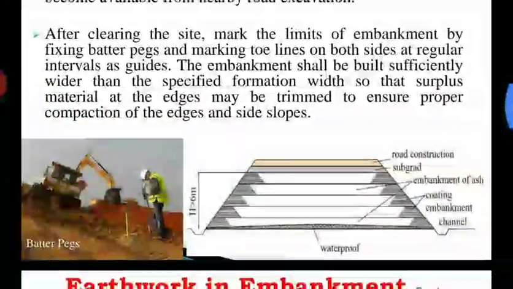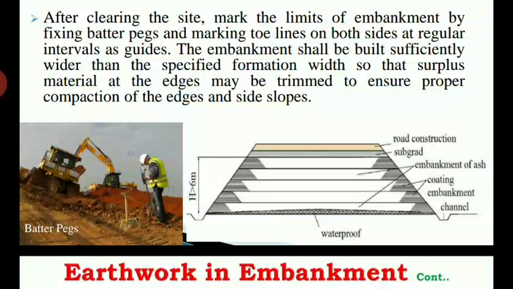And now the embankment shall be built sufficiently wider than the specified formation width, so that the surplus material at the edge may be trimmed to ensure proper compaction of the edges and side slopes. So the embankment we are going to construct should be sufficiently wider, because ultimately whatever load is coming and whatever the width of the road being constructed, the entire load is going to be carried by this embankment, right?